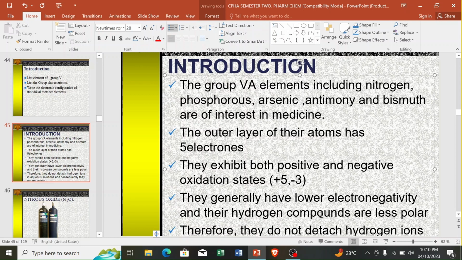They generally have a lower electronegativity and their hydrogen compounds are less polar. Electronegativity is the ability of an element to attract electrons that it is sharing in a covalent bond, because all elements of the periodic table participate in chemical bonding in order to become stable.